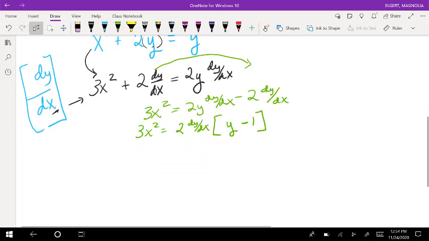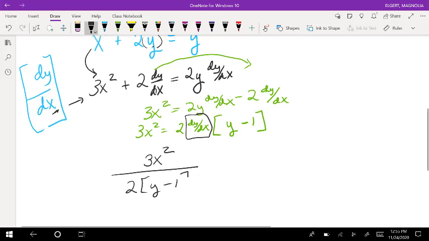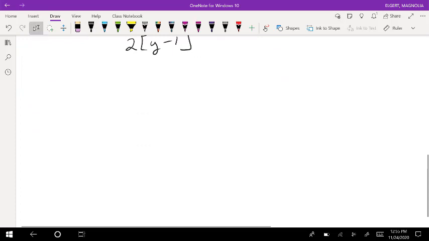And then remember, I'm going to try to get dy dx by itself. So I want this by itself. So in order to do that, I'm going to have to divide. So I'm going to have 3x squared over 2 times the quantity y minus 1 equals dy dx. That's the derivative. Again, it was an implicit function, implicit equation, so my derivative is in terms of x and y.